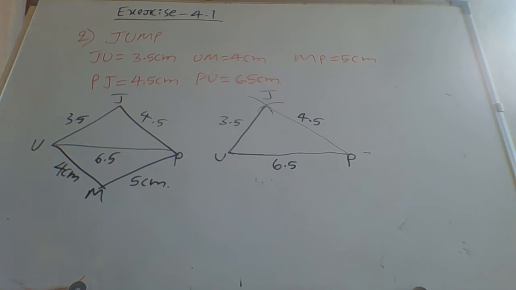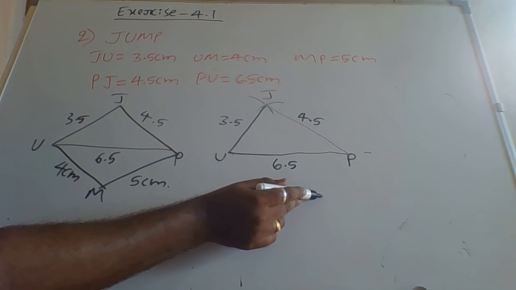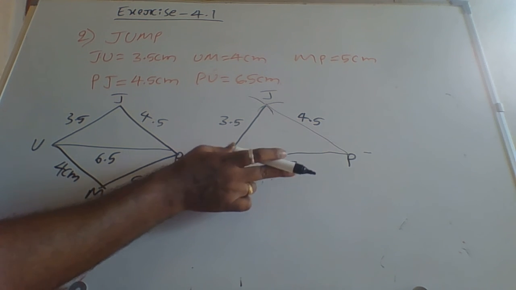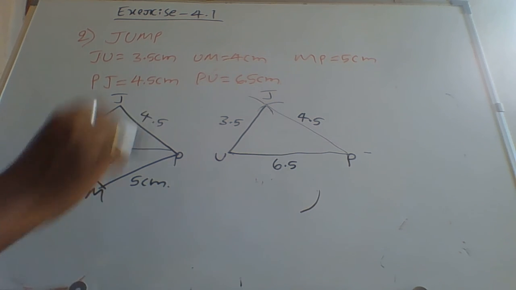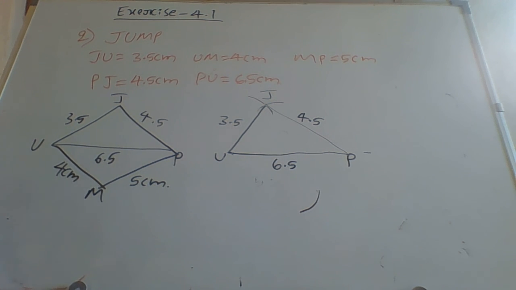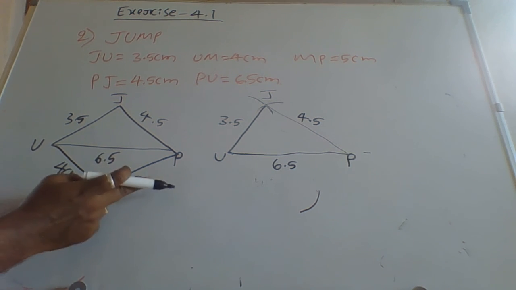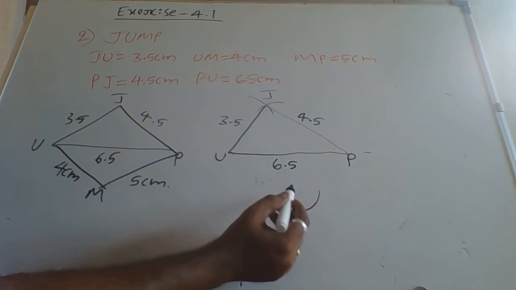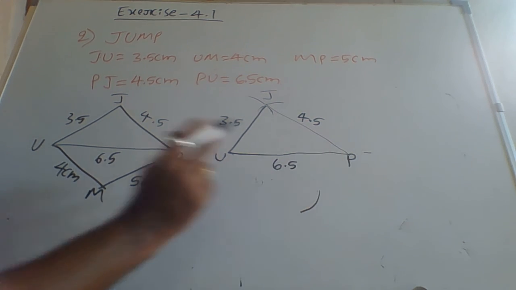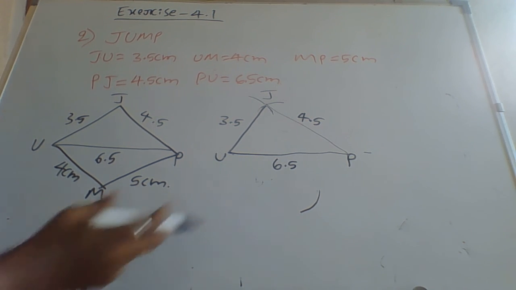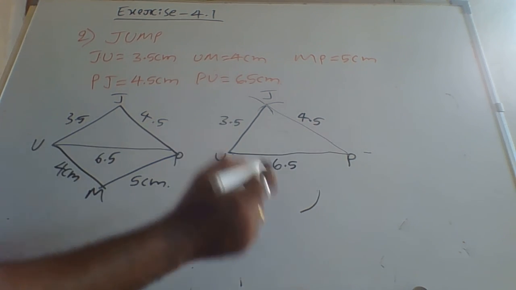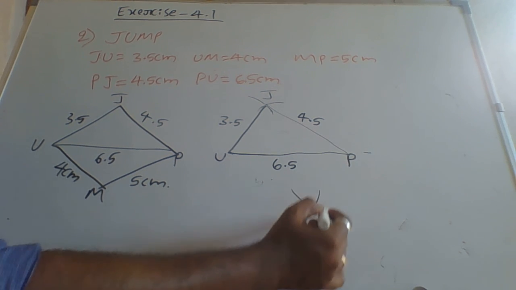Now this point M is 4 centimeters from U. So consider 4 centimeters in the compass, place it on U, and draw an arc. And this point M is 5 centimeters from point P. Therefore consider a length of 5 centimeters in your compass, place the needle on point P and draw an arc.